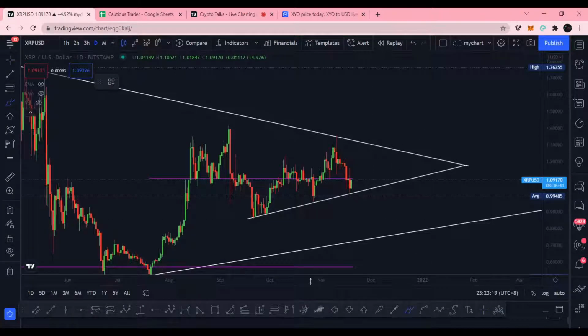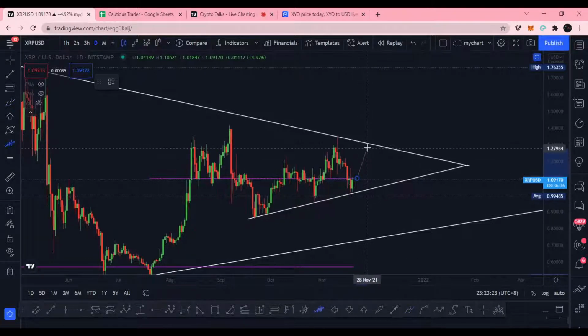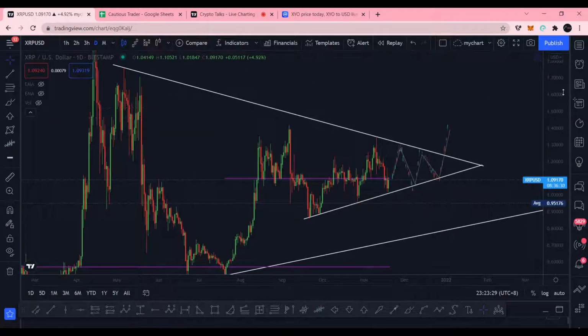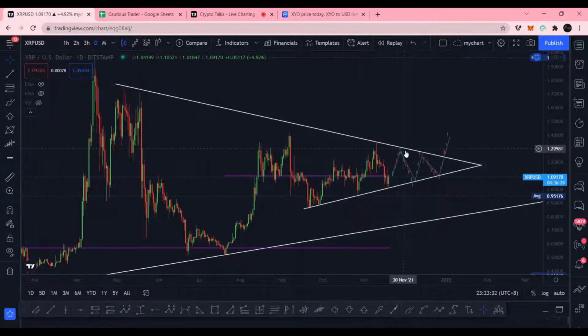I will use this go speed. So basically, I'm expecting a possible trade within this range. But of course, I will trade it after it breaks this trend or this triangle.